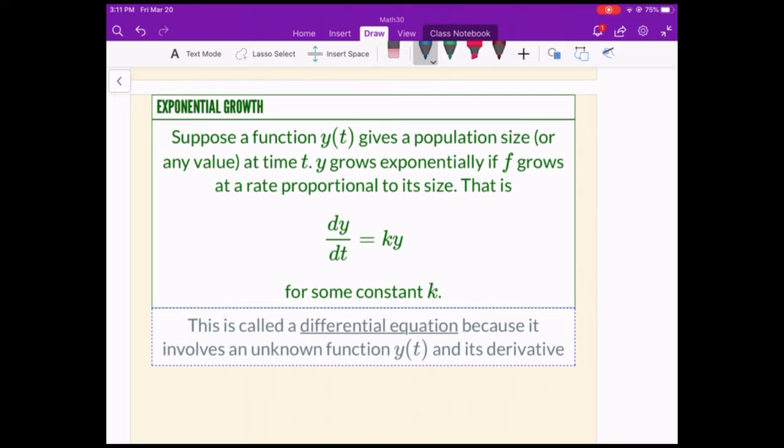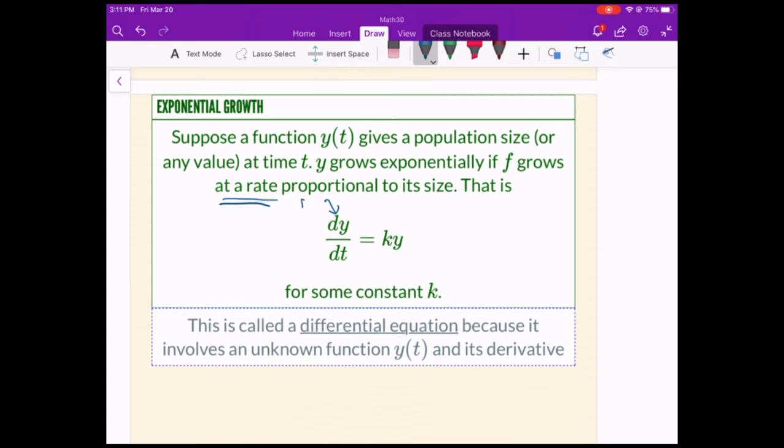So if you have a function, I've got y of t here, t being time usually, which tells you a population size at a time t. y grows exponentially if it grows at a rate proportional to its size. So that is, it's growing specifically at a rate proportional to its size.